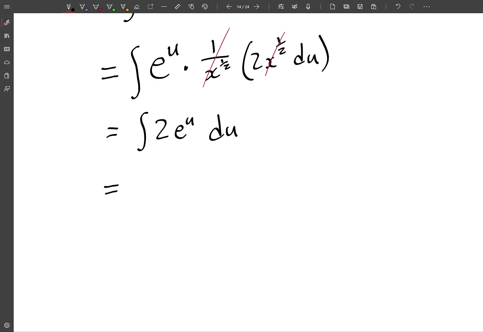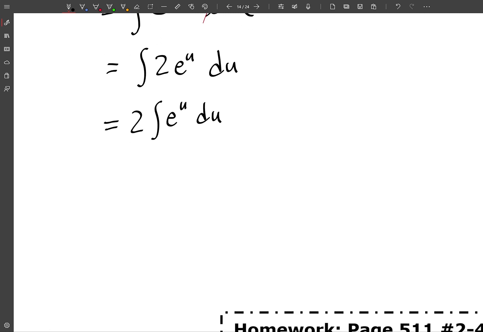Anyway, taking the indefinite integral of that, I promise that makes sense. Remember, we can ignore the coefficient. That doesn't make a difference. So remember, the integral of e to the power of u is just e to the power of u, just as the derivative of e to the power of u with respect to u would be e to the power of u. So this is just 2 e to the power of u plus c.